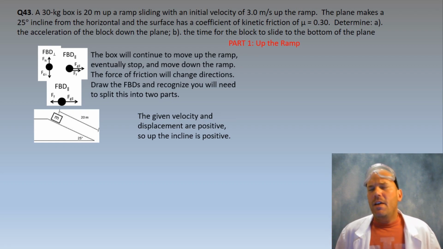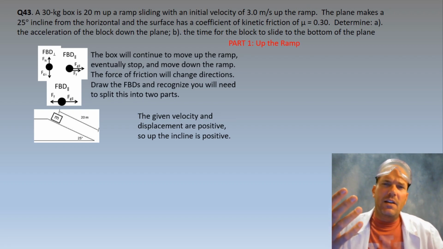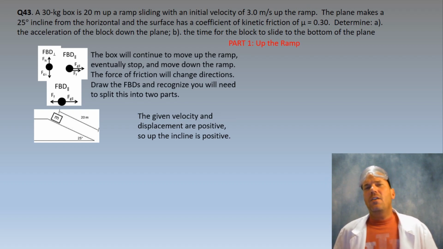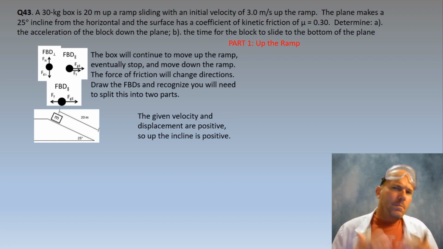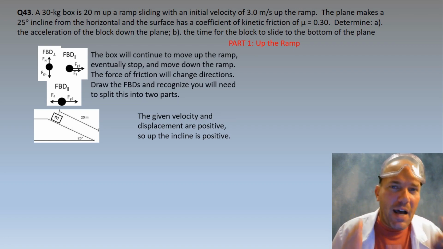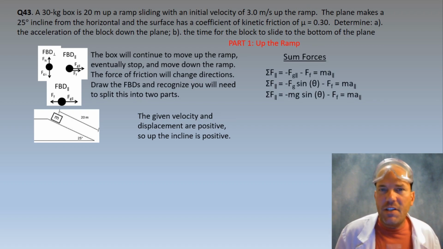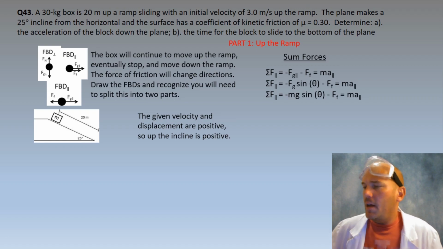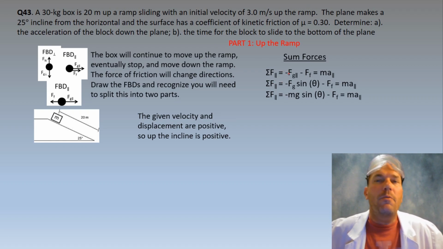So we have to define our positive direction. Well, we have our initial velocity and our initial change in position as positive. So for part 1, we're going to call up the incline as positive. So let's go ahead and move into our force summations. If you look here, we have our forces acting in the parallel direction.